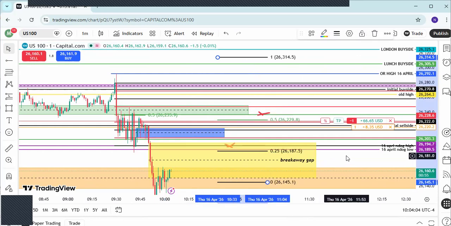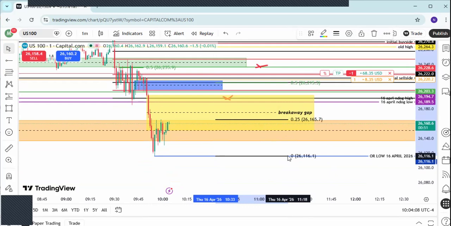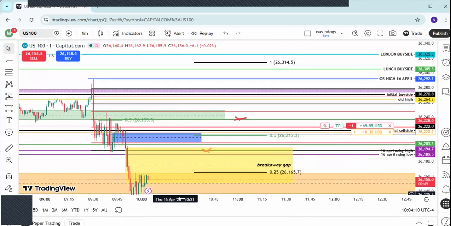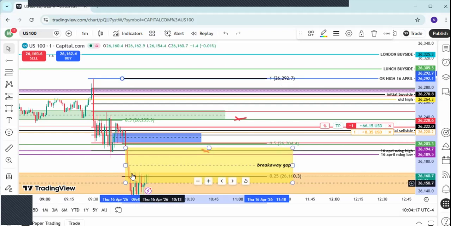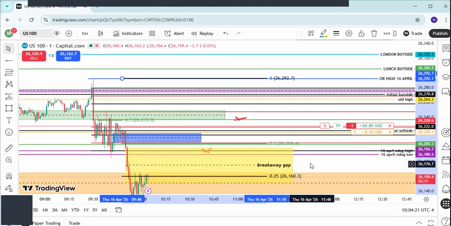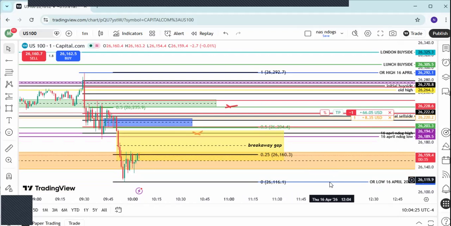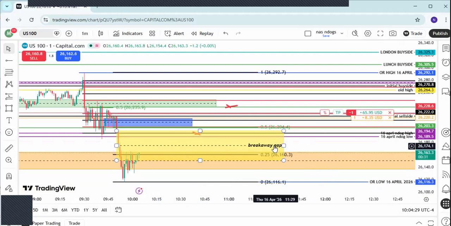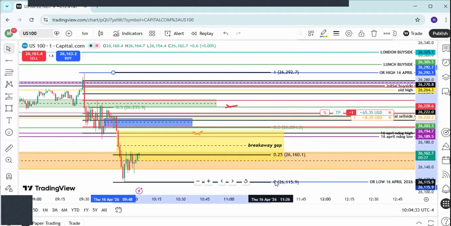So what I'm doing now, I wanna measure this low from this low. You wanna see the same thing, like price being held here by this level. You wanna see the same thing from this high to this low here. So basically, you wanna see price remain under the 0.25 level here.